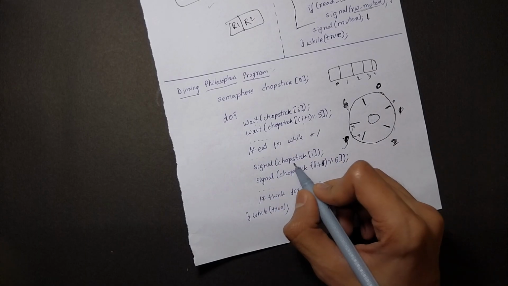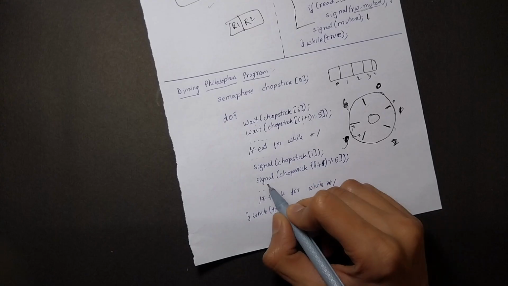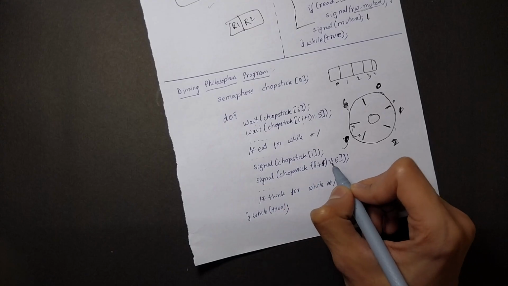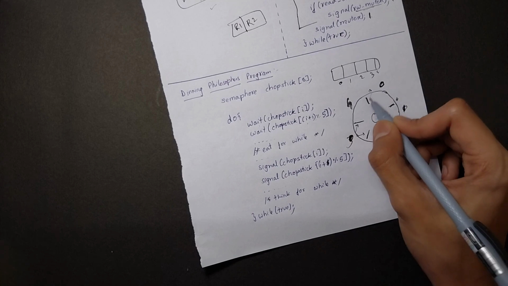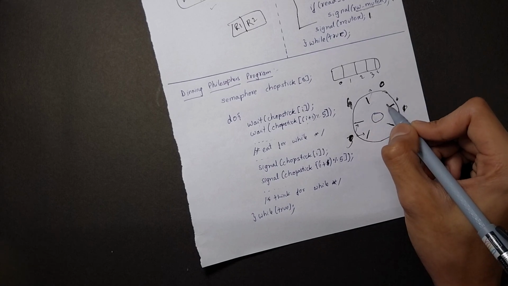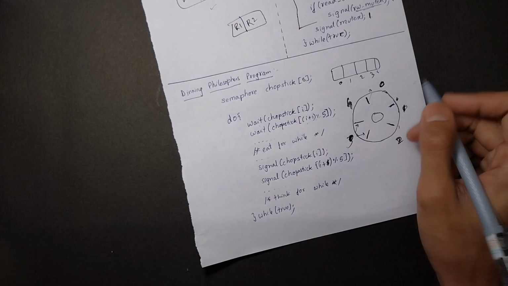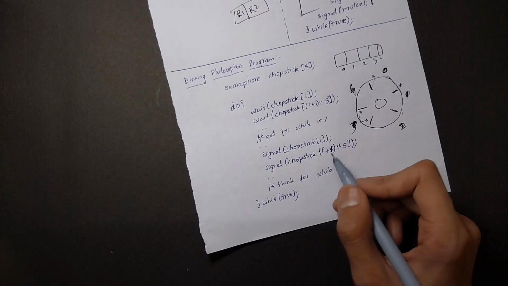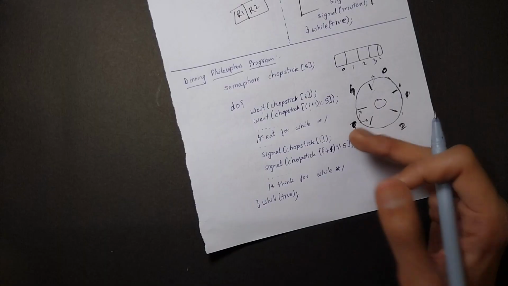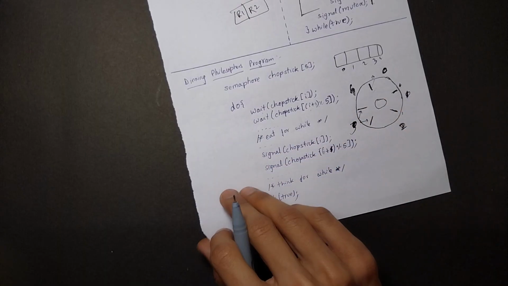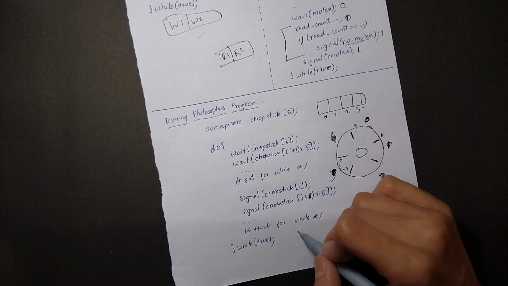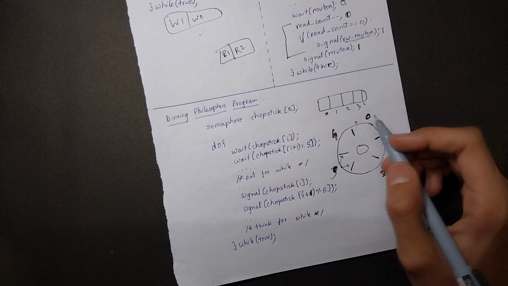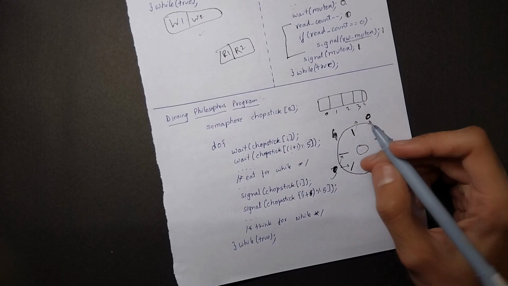So signal the chopstick of i, and signal the chopstick of i plus 1. So this is 0 and this is 1, then he will release both the chopsticks down so that other users can have their food. Then he will think for a while because this kind of philosopher might be thinking till the other one eats. So then he will end, and the next person can have the food.